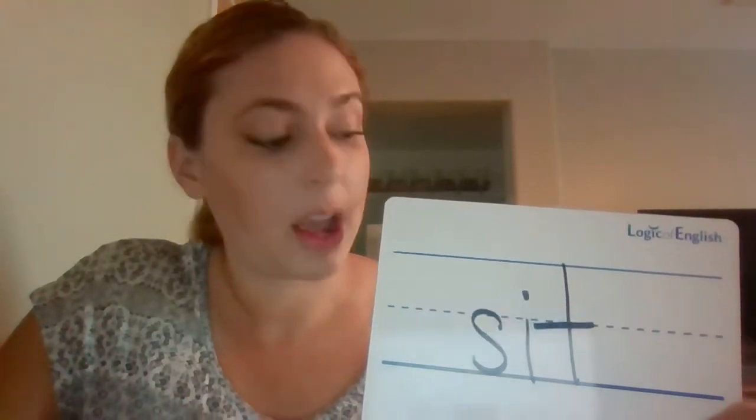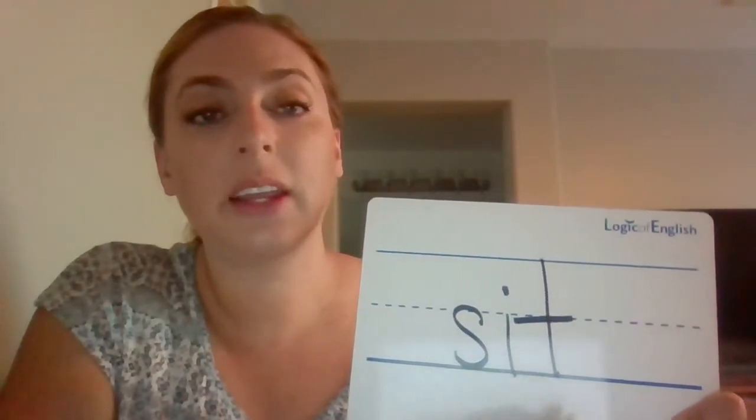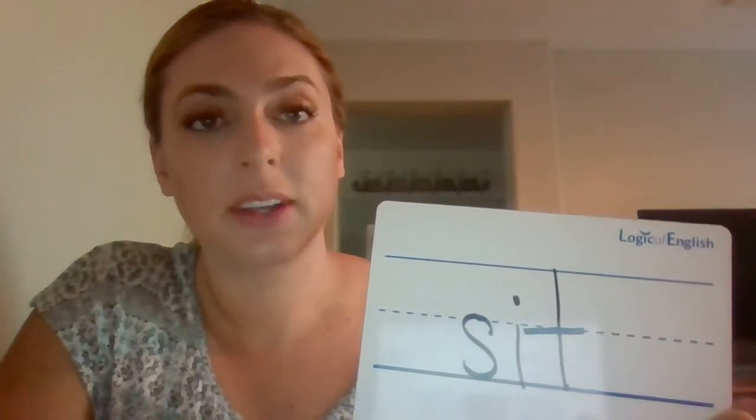Now it's your turn at home. Please practice writing the word sit. As you write the word sit, I want you to say the sound that each letter makes. Go ahead and write the word sit. I'll do it with you.